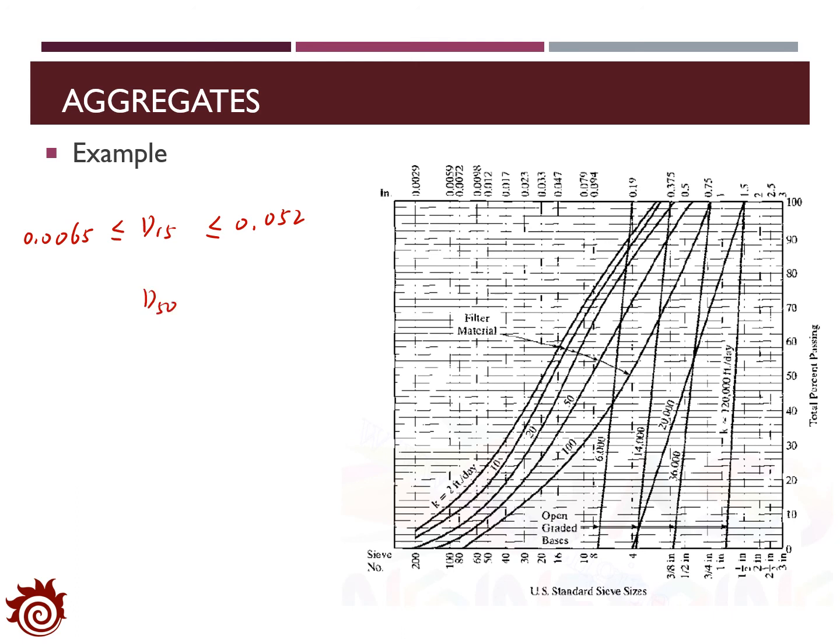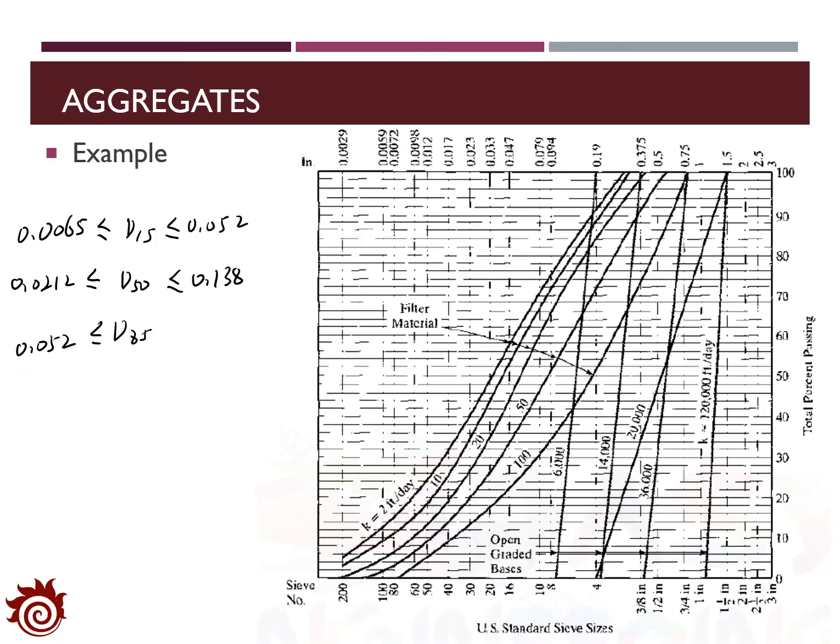And for D50, should be larger than 0.0212 and smaller than 0.138. And for D85, should be larger than 0.052. As the last step, you will check the filter materials. And for all the materials which will satisfy these 3 conditions, they can all be applied for the subbase.